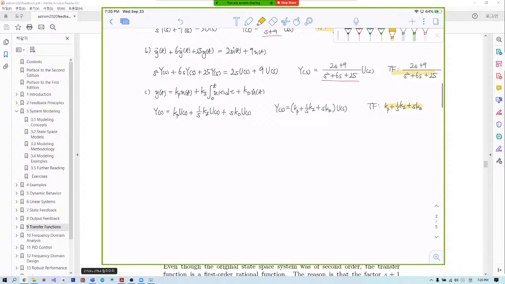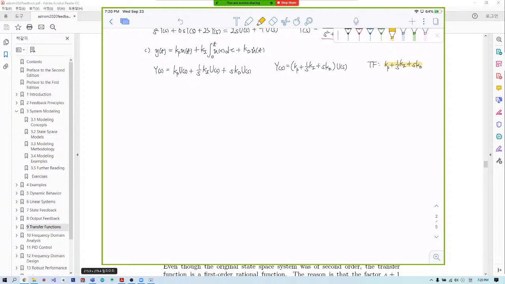Okay, now let's take a look at the PI control. Suppose we have a plant that does this operation to the given input.